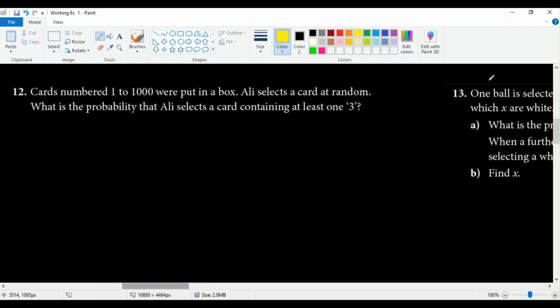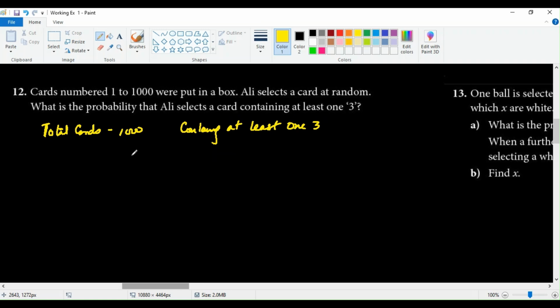It says cards numbered 1 to 1000 were put in a box. Ali selects a card at random. What is the probability that Ali selects a card containing at least one 3? So total cards are 1000, containing at least one 3.